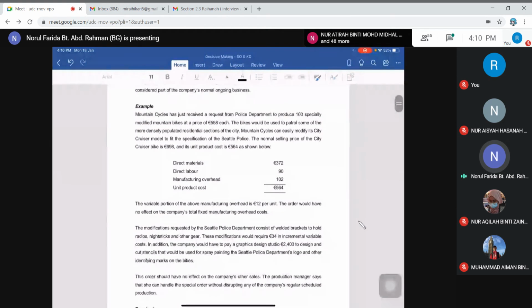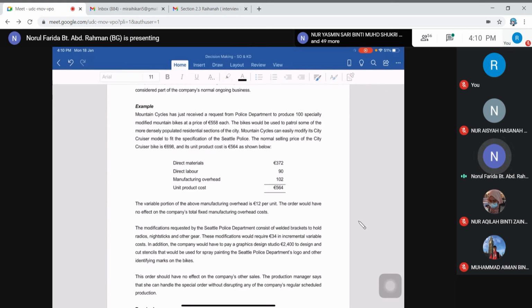Usually kita buat sesuatu produk, and special order ni adalah tiba-tiba ada orang datang dia nak order. Okay, one time order lah. Mungkin produk sama, mungkin produk yang ada modification ke atau macam mana, depending lah. Okay, so kita tengok example, alright.